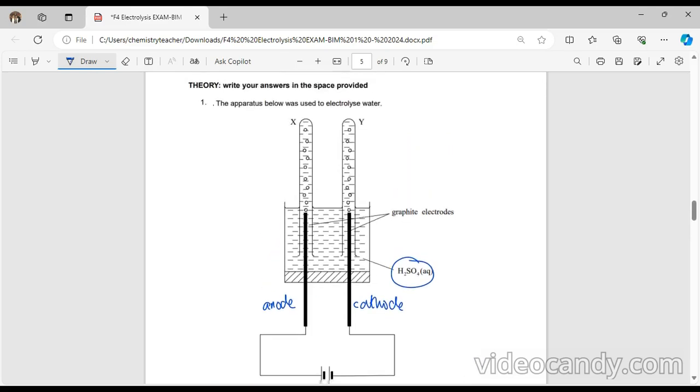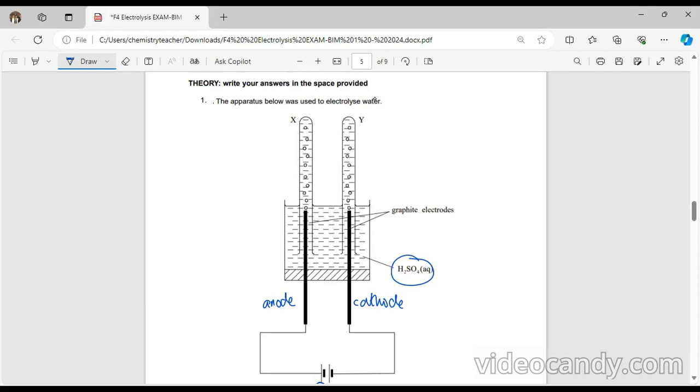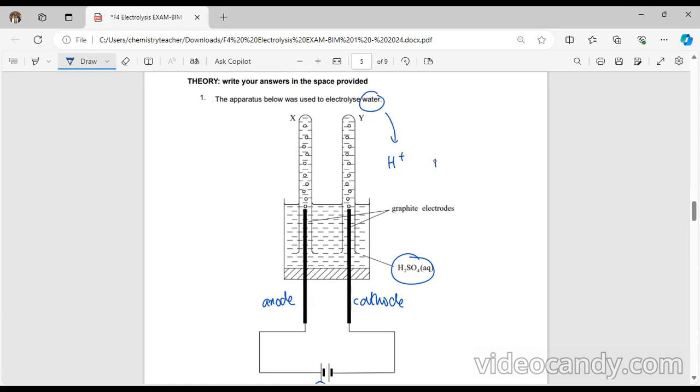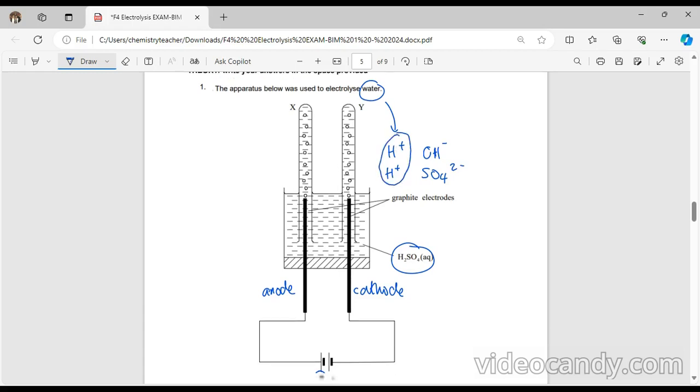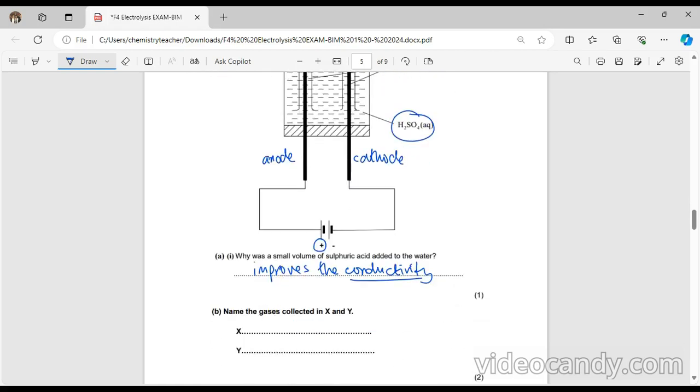And in water, plus our sulfuric acid, we've got these ions. We've got H plus and OH minus from the water. And then with the addition of sulfuric acid, we're going to get, well, more H plus ions. So that's the same. And then some sulfate ions as well. So at the cathode, we've only got H plus ions, which means that we're gonna generate hydrogen gas.